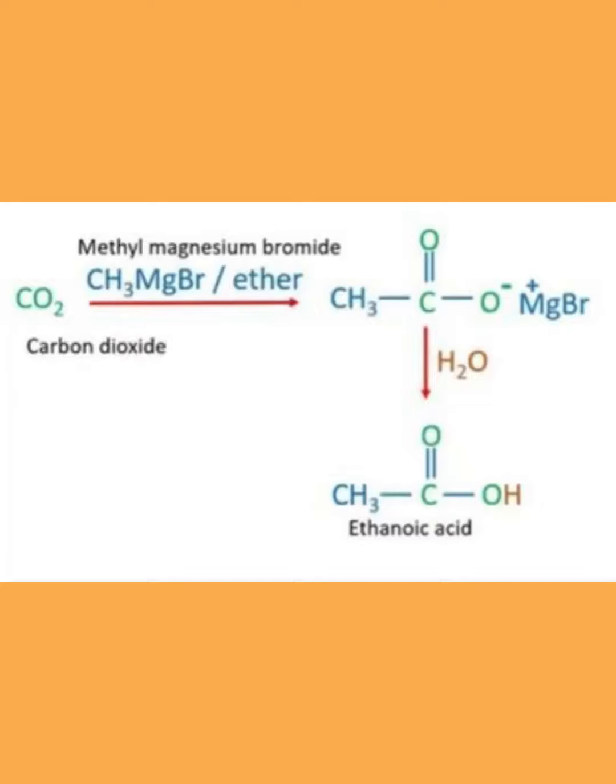We know that CH3MgBr is called Grignard reagent. Send CO2 gas to Grignard reagent in ether solution followed by hydrolysis. We get the product ethanoic acid.